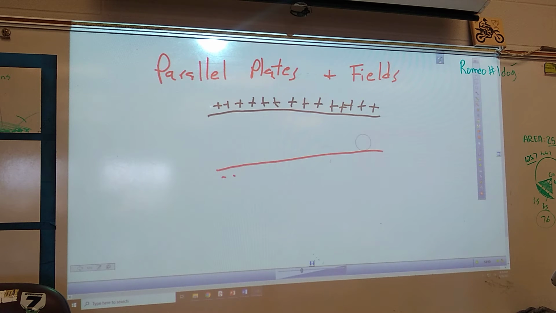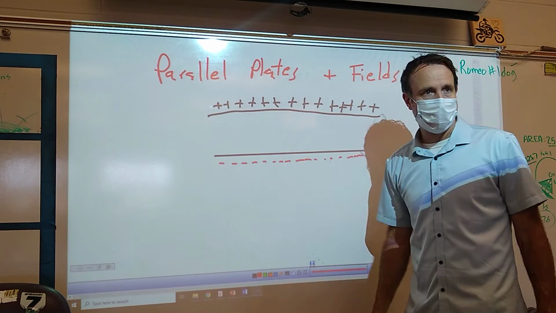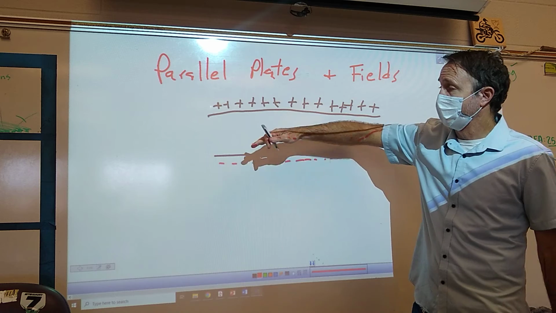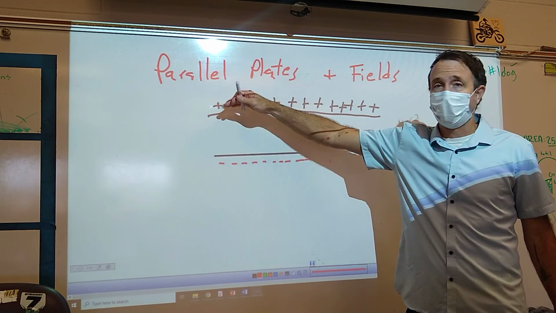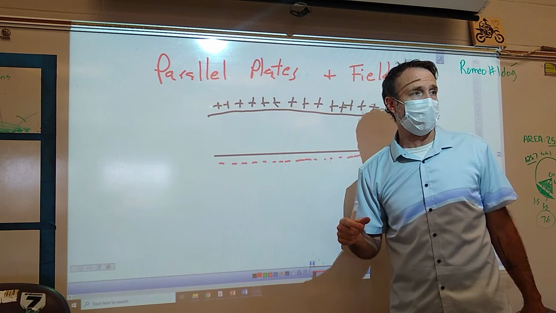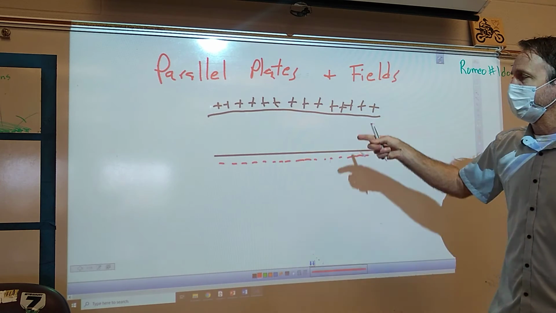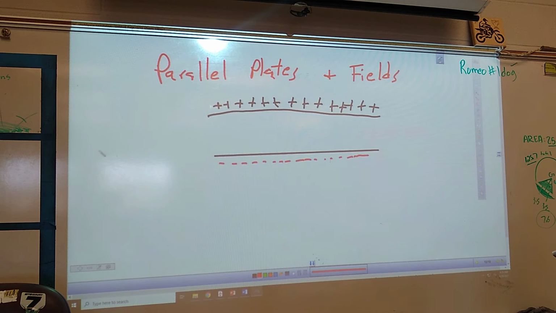Oh, that's not very parallel, is it? All right? Now these will be stacked up in a battery, and in between them, you could literally have air. In a battery, we have a chemical in between them to facilitate the movement of electrons, right? Well, let's say these are just two chunks of metal that we've hooked up to a 12-volt battery. That just makes it easier to think about. The positive piece of metal is hooked up to that one, and the negative piece of metal is hooked up to that one. Everybody agree with that?